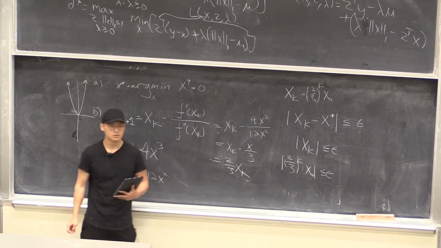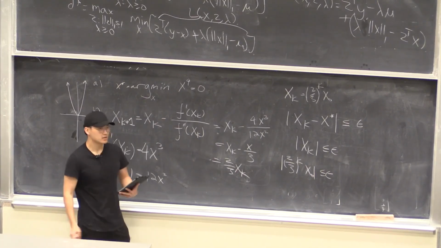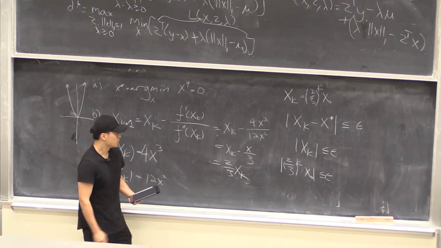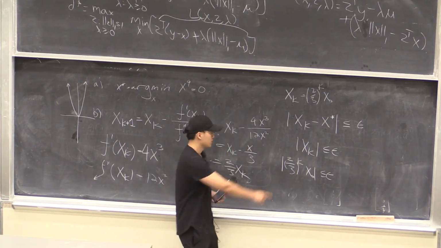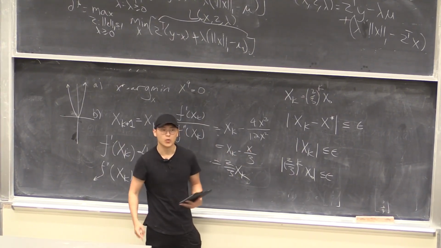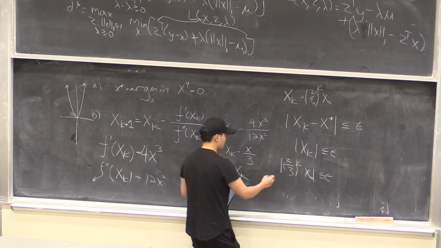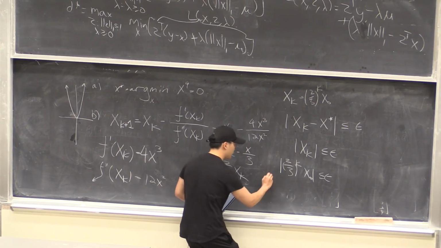So we plug it in, and now we want to solve for k. So we need to simplify this a little bit more. From here you can see that (2/3) to the k is always going to be positive, so we can just factor it out.